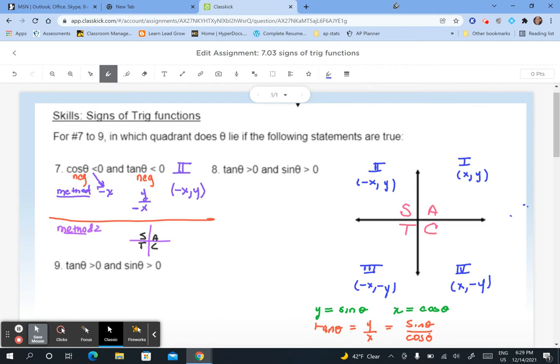Therefore, it's negative in quadrant 2 and 3. We want to find where tan is less than 0. Well, we know tan is positive in A and T, therefore it's negative in S and C. Where the double check mark is, that's where the angle lies, so that's quadrant 2.